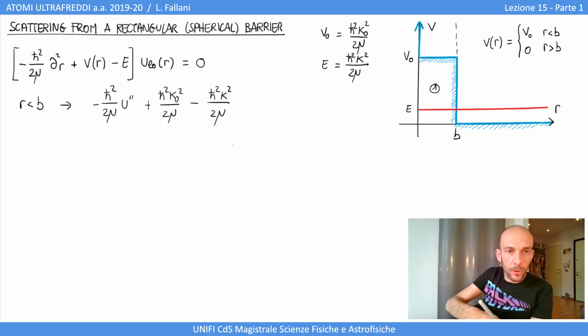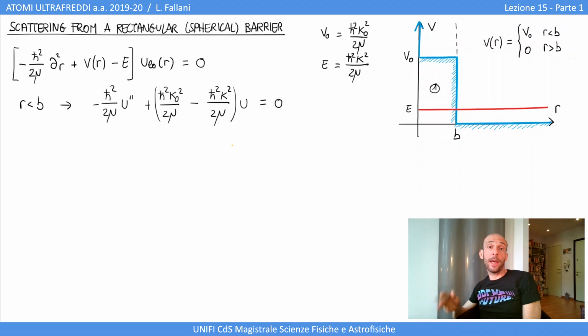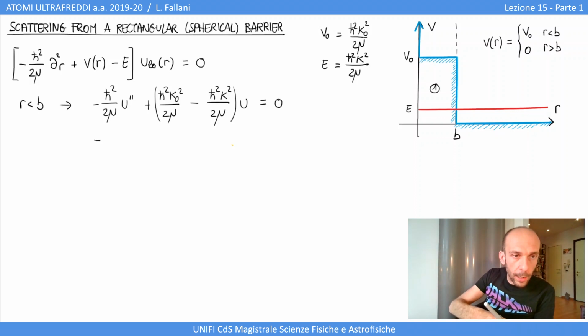So this of course is multiplying u, and this has to be equal to 0. So we can simplify the h bars and the reduced masses, and so we find minus u second plus k0 squared minus k squared times u equals 0.